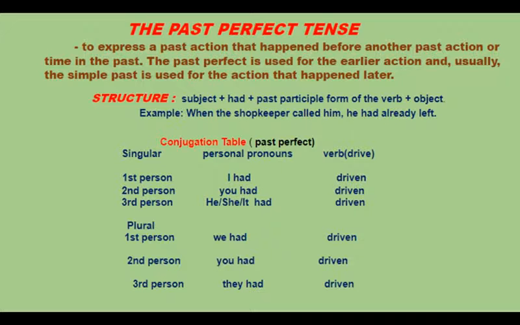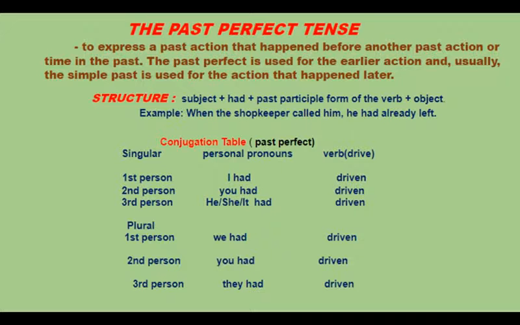Okay. For example, when the shopkeeper called him, he had already left. With this example, can you guess the structure of the sentence? It is like this: subject plus had plus past participle form of the verb plus object.